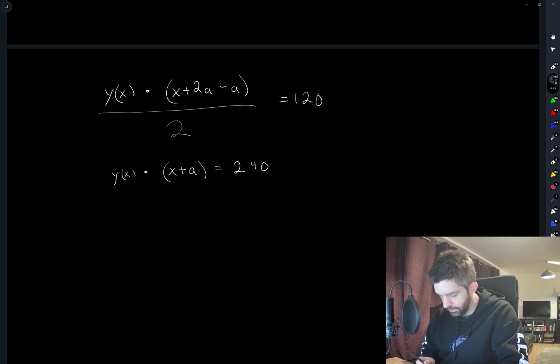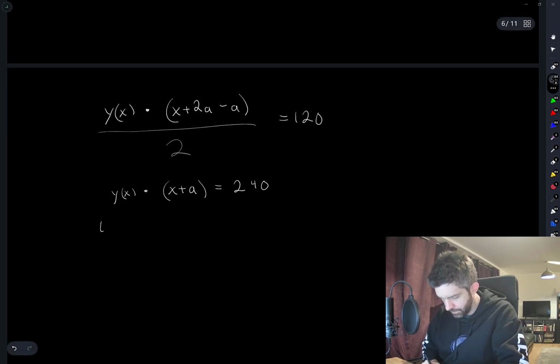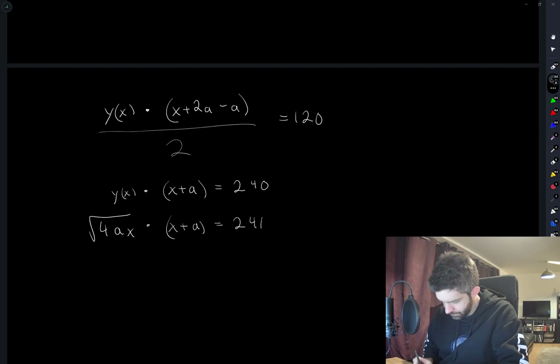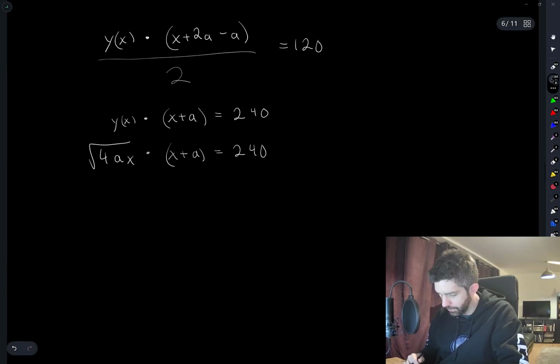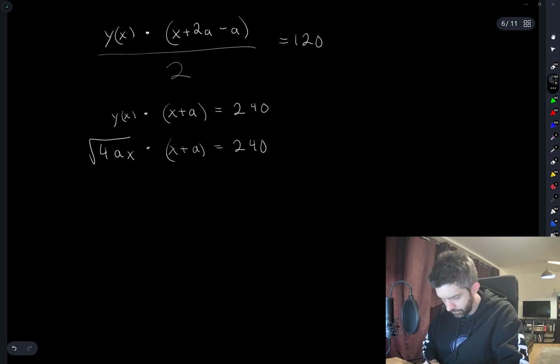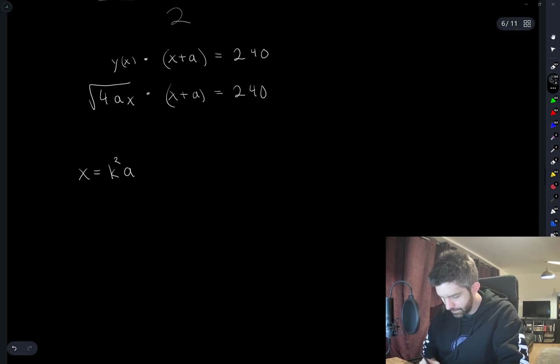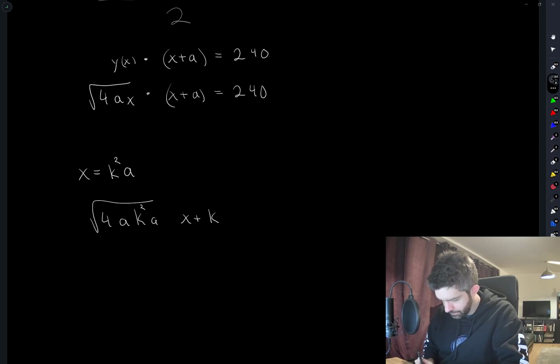y of x is... I know that x has to be a perfect square multiple of a. So x has to equal k squared a. Oops.